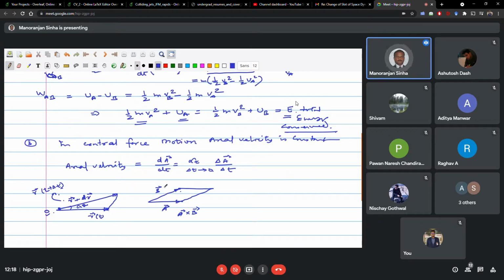So here in this case, B can be replaced by R plus delta R, and A can be replaced by the R vector, and the angle between them is delta theta. We are required to find the area of this particular part, which I have shaded. So here this part is your delta R.